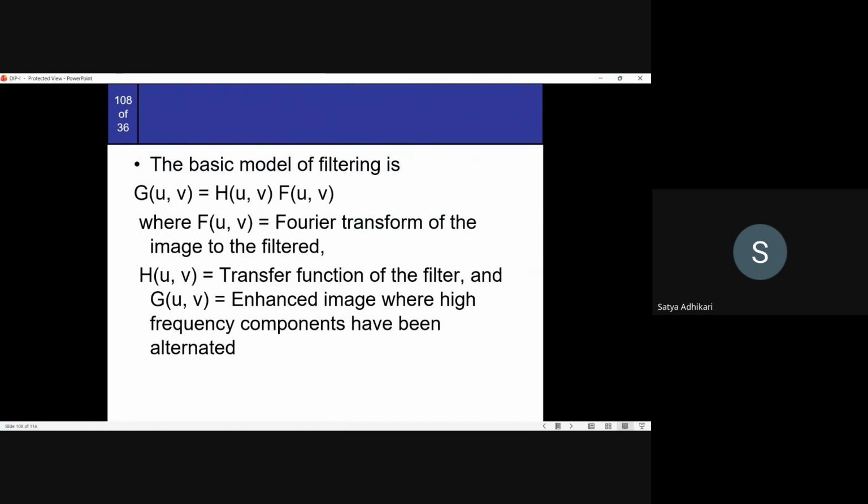After applying the transfer function, you will get G(u,v), the enhanced image, where the high frequency components have been altered. That is, you will not get any pixel having high frequency.